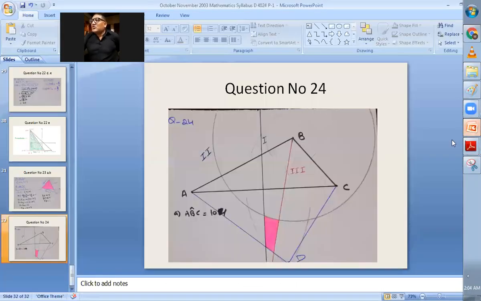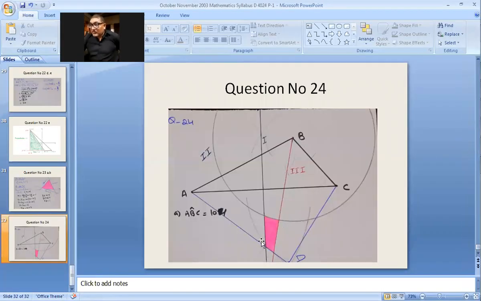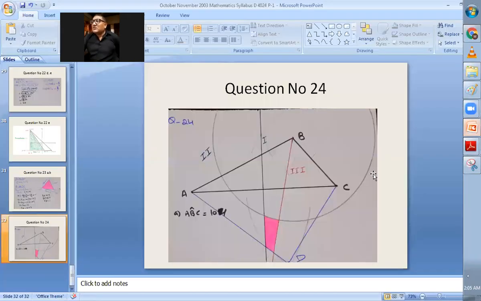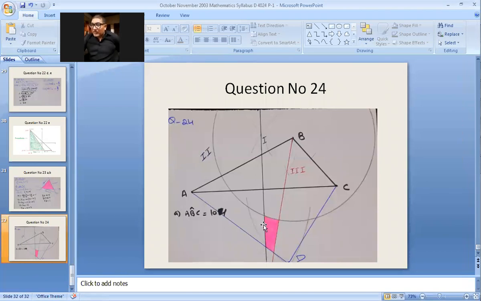So let me show you. I have shaded the region. So they said you have to remain inside this quadrilateral. Then they said that you have to remain near C. Let me check the wording. The wording is nearer to C than A. So from this green line, you have to remain to the right side because you want to be nearer to C. Then it says that you have to be more than 8 centimeters, so you will remain outside the circle.